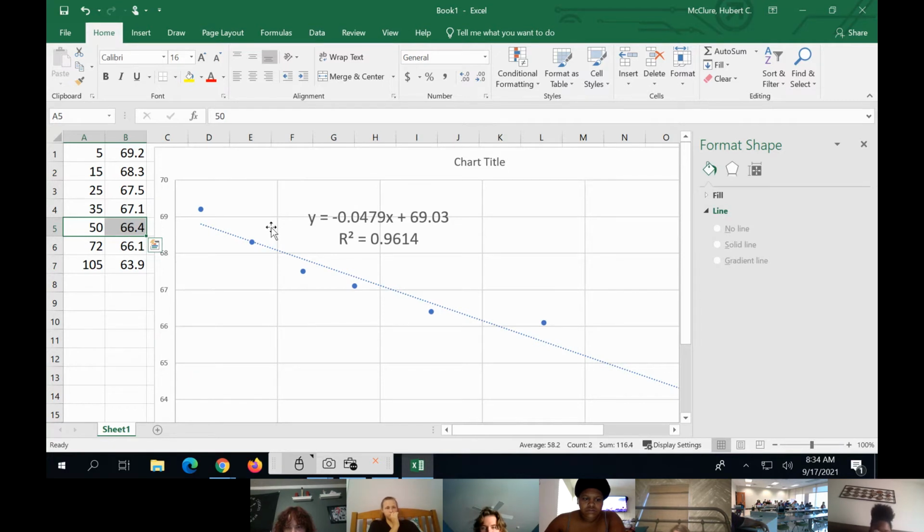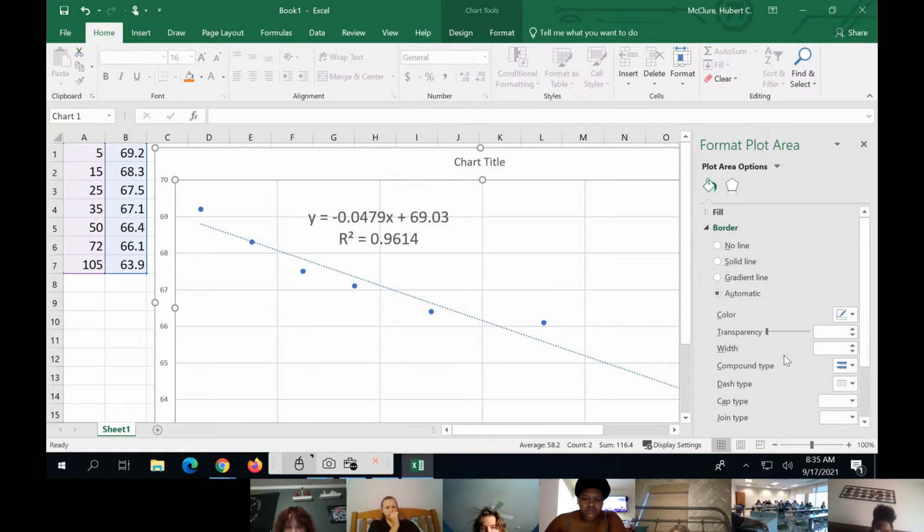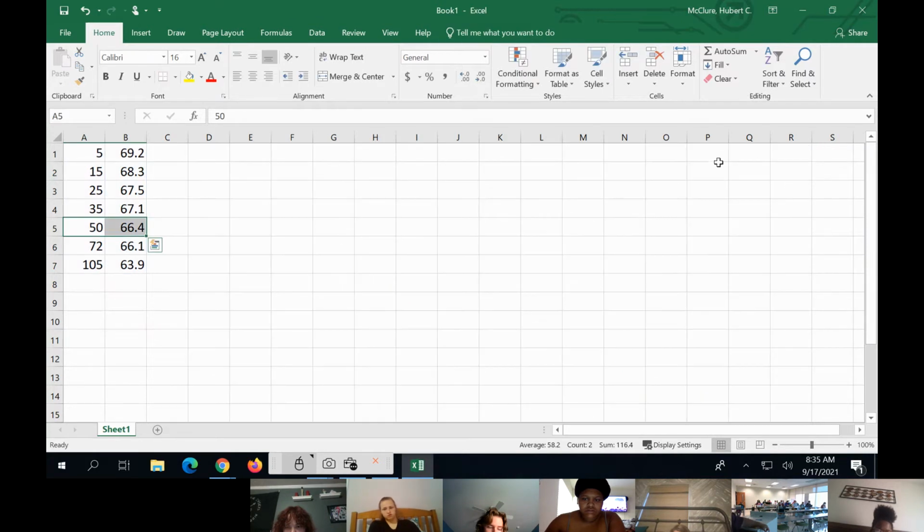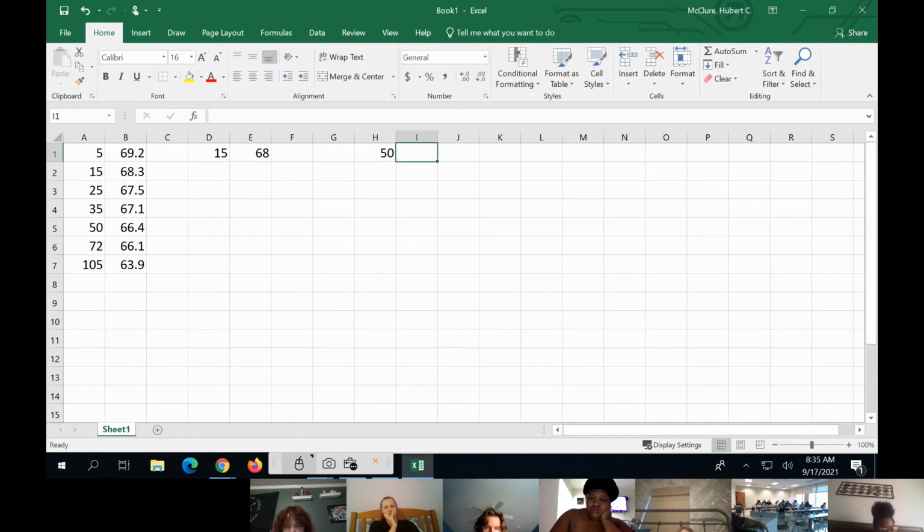Actually, I could just do this, get rid of this. All right, now I want you to find the equation and the slope of those two points: 15 and 68 and 50 and 66.